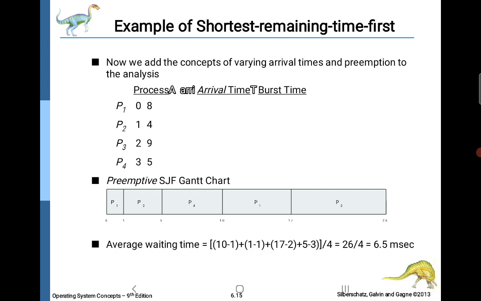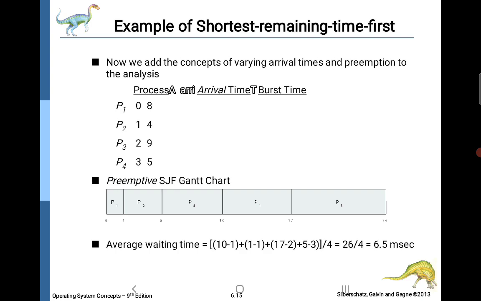At time 5, in the queue, there are 3 processes. P1 has actually executed for 1 time unit out of the 8. It needs 7. P3 needs 9 and P4 needs 5. The shortest is P4. P4 will be allowed in the CPU.